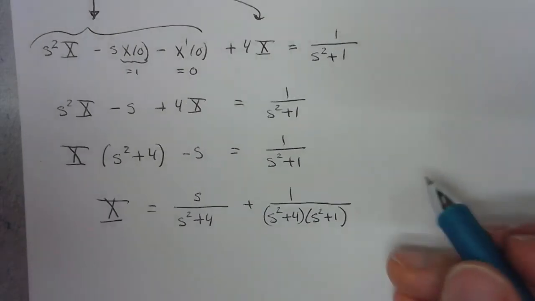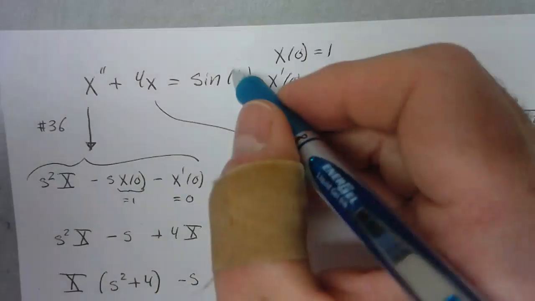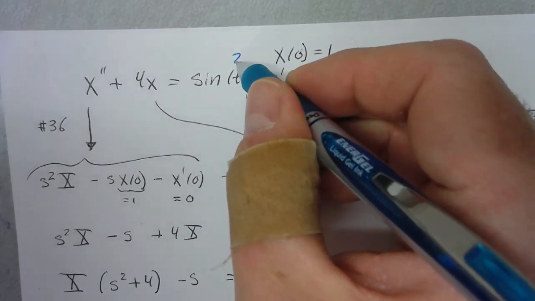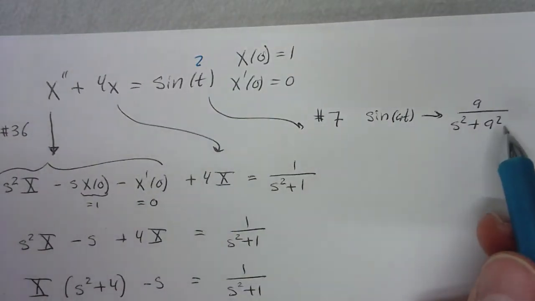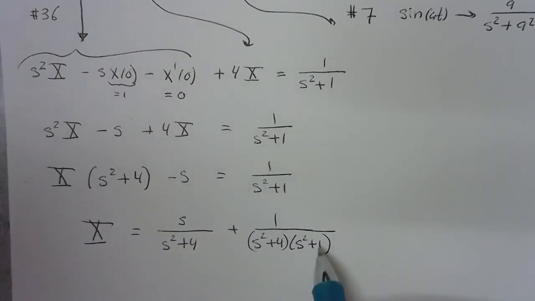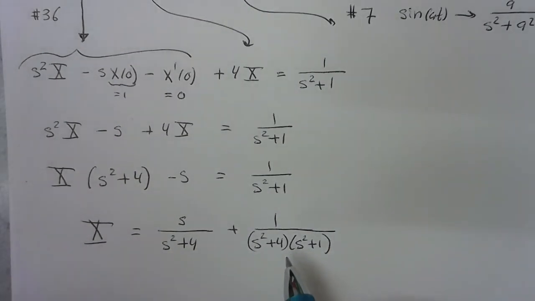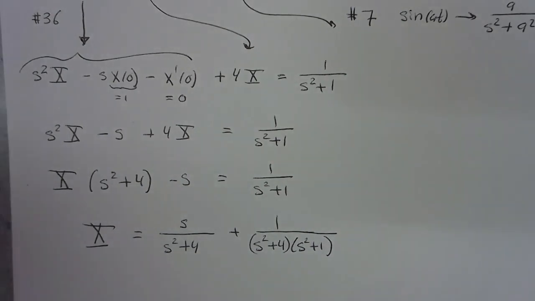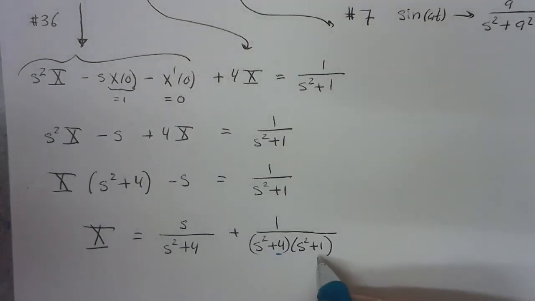Now a couple of notes here. This is not resonance because there's no 2 here. If there were a 2 here, there would be a 4 here and a 4 here, and we'd have a repeated root in our partial fraction, which makes this much harder, right? But then again, resonance does require a bit more math to work out the solution. So the fact that these are different makes this easier.